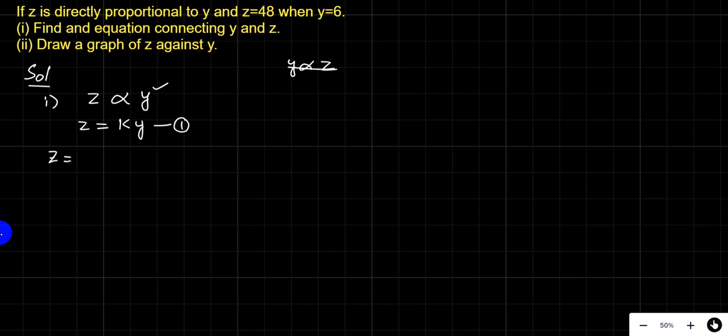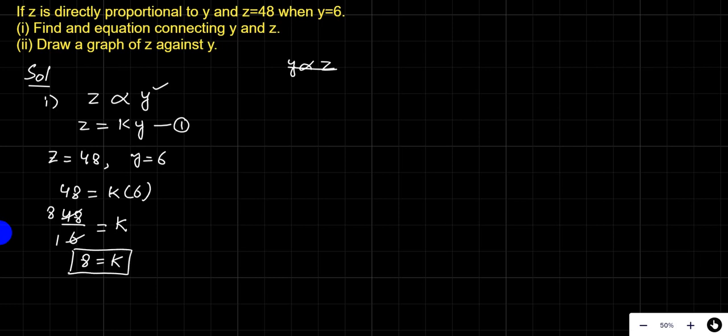z equals 48 and y equals 6. Put these both values in equation 1. 48 equals k times 6. 48 divided by 6 equals k. 6 eights are 48, and by this we get the value of k, which is equal to 8.